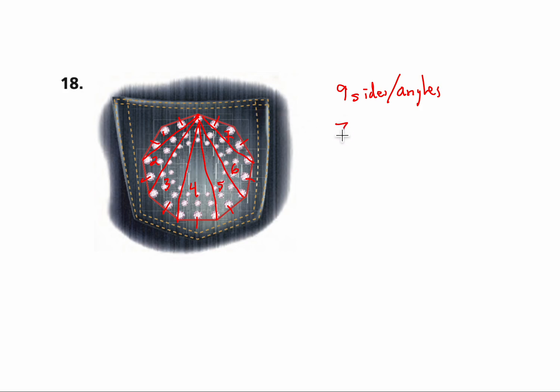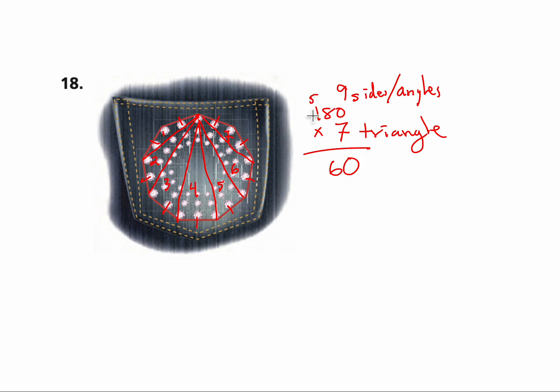So there are 7 triangles, and with those 7 triangles, each one is 180 degrees. So I'm going to multiply 7 by 180 degrees for each one of those. 7 times 0 is 0. 7 times 8 is 56.